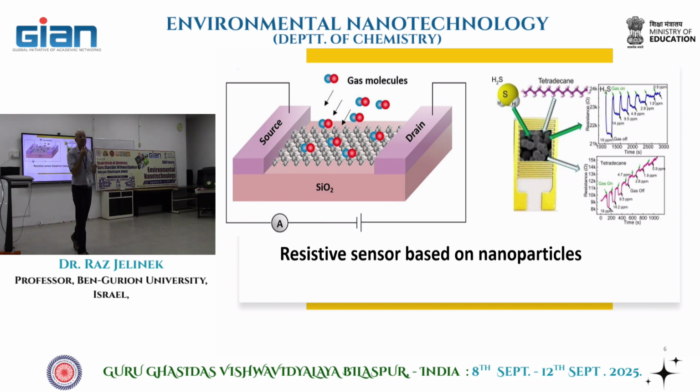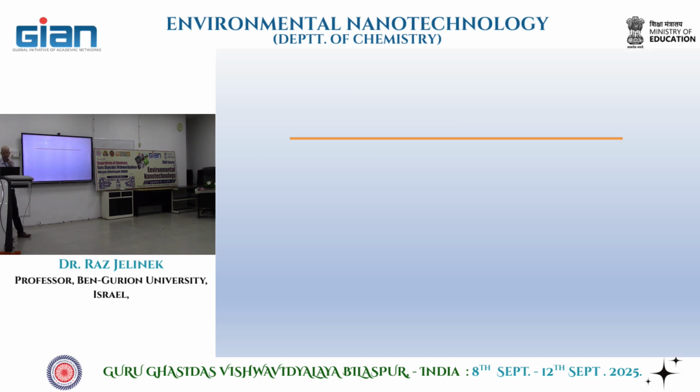The innovation or the activity is designing the film, designing the surface in order for it to absorb efficiently the gas molecules that you need. So that was the general description of nanoparticles and nanotechnology for gas sensing.